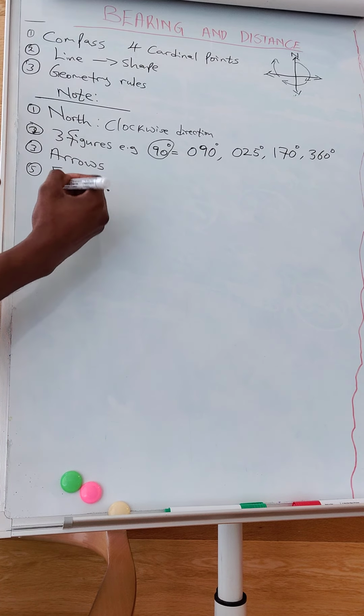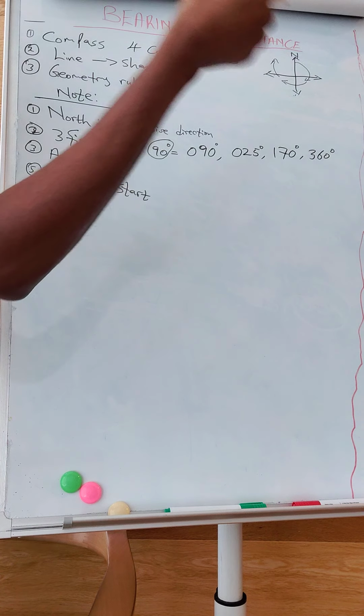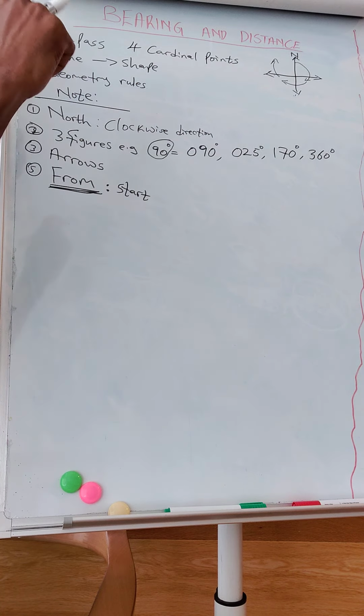From A to B, your diagram will be from A. If B is 030 from A, you have to start from any alphabet that carries this word from. The particular object that carries the word from, that is where you are going to start your diagram, or execute that particular instruction. So from means what? Start.